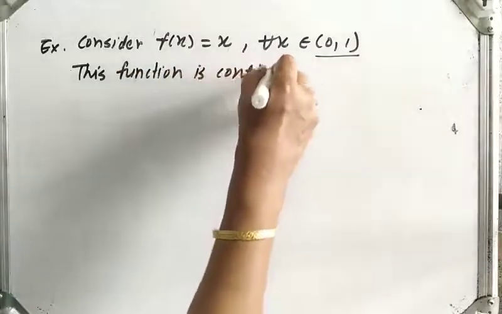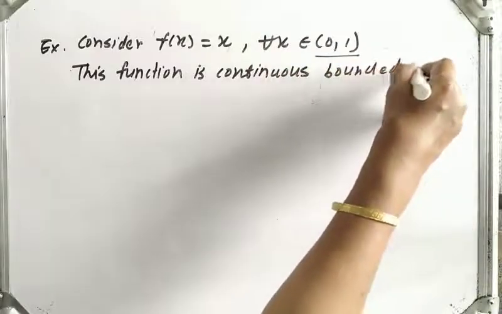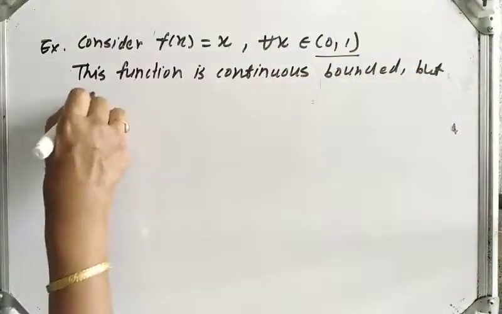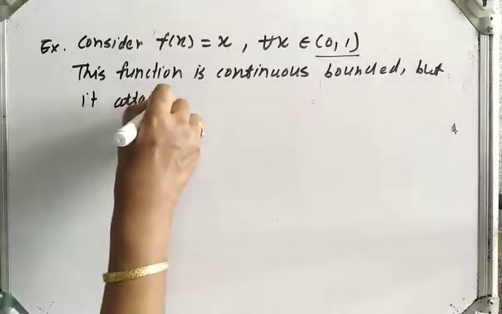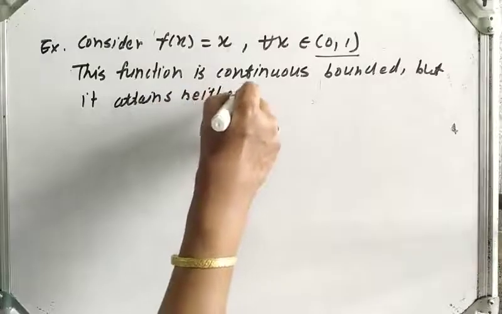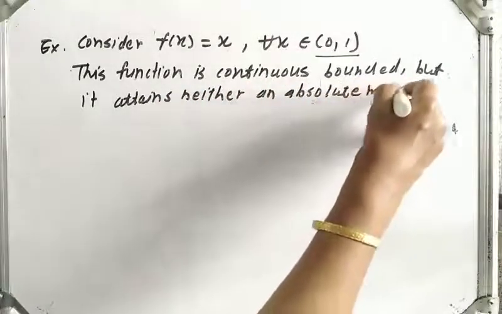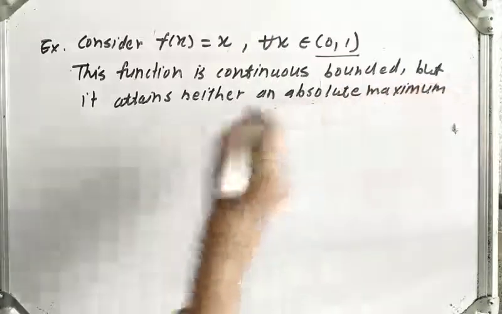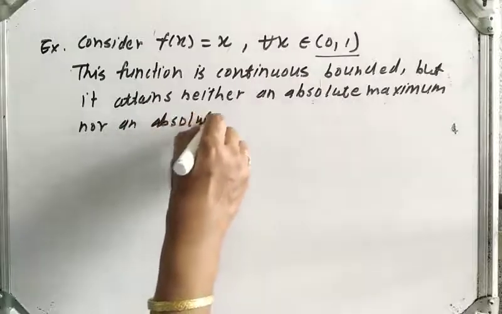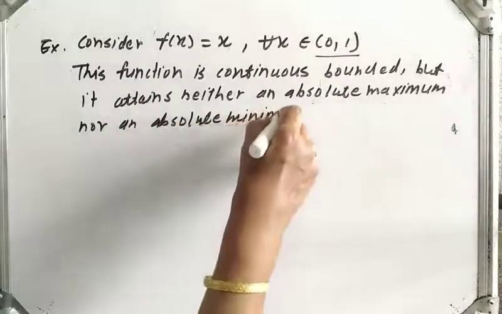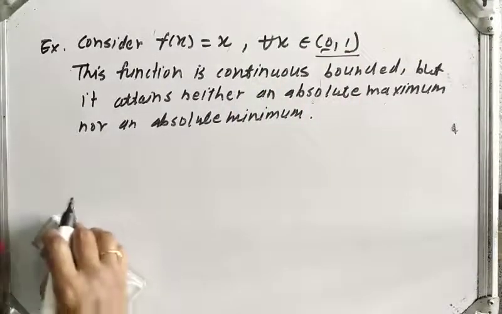The graph was continuous, this function is continuous, bounded, but it attains neither an absolute maximum nor an absolute minimum, because 0 and 1 were not included in the domain.